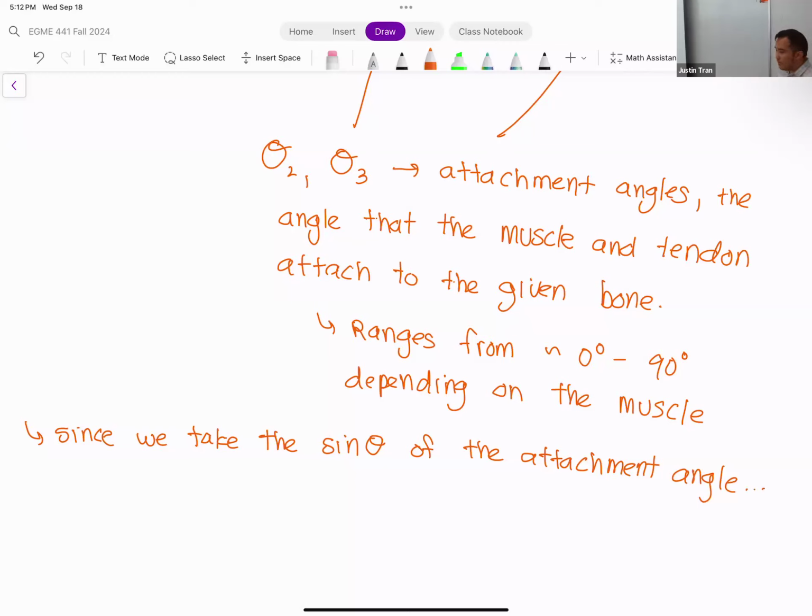I'm going to make the same argument that I made with the moment arm. Ways that the sine of that angle will be maximized will reduce the amount of muscle force that's required.